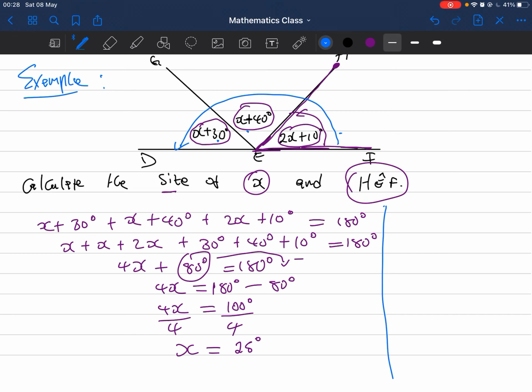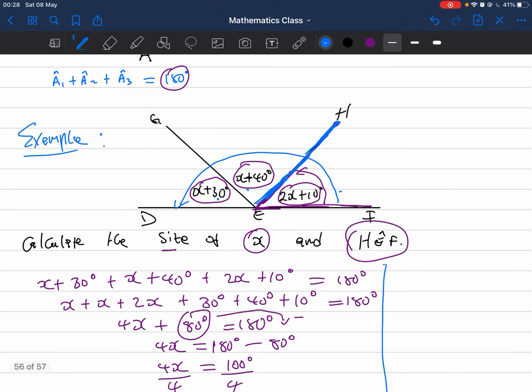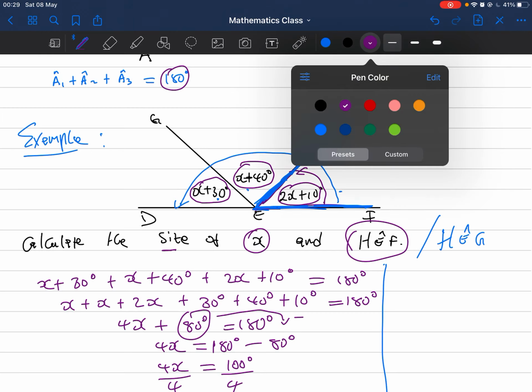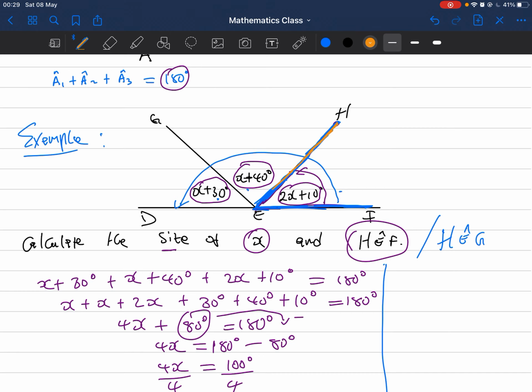Remember, this is H, E, F. If they were looking for angle HEG, they'd be looking for this: H, E, and G. I hope this makes sense.